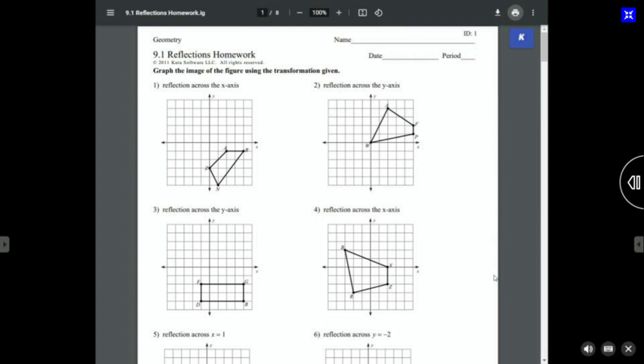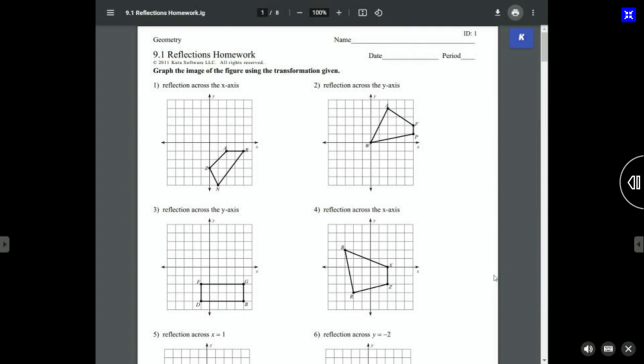So one, we need to know what the coordinates are. And two, we need to know how to multiply by 1, -1. That's all you do.